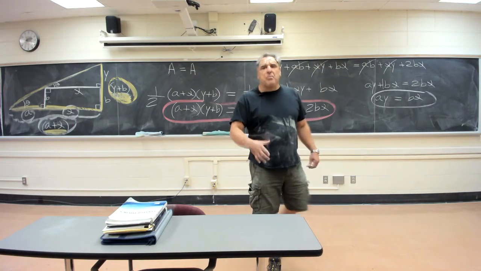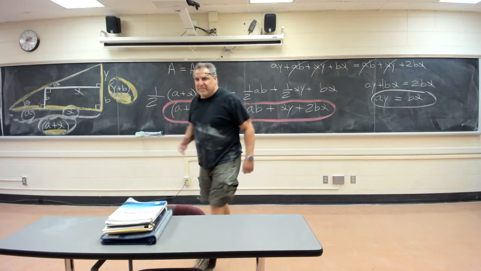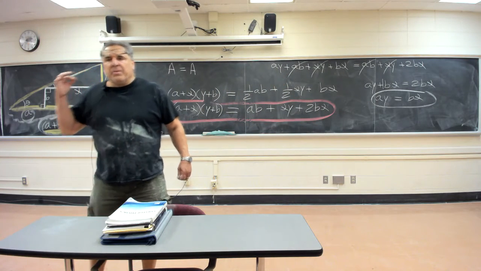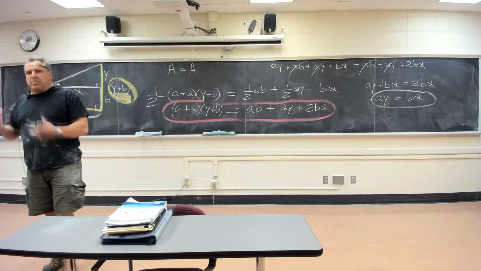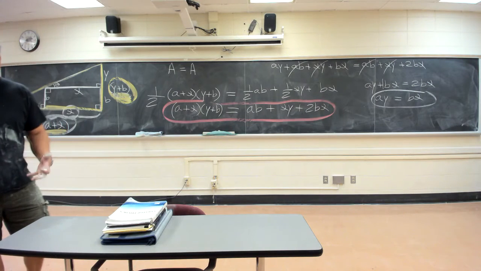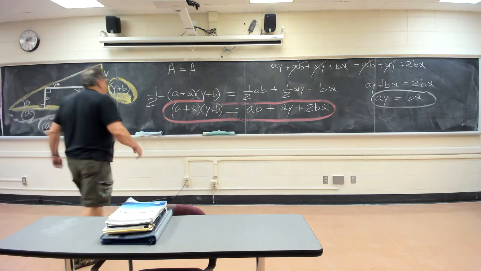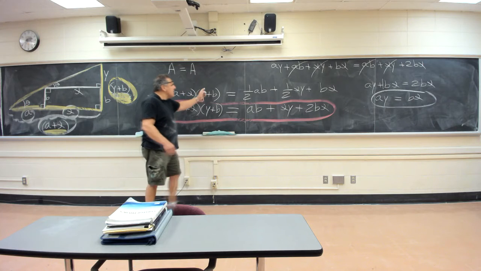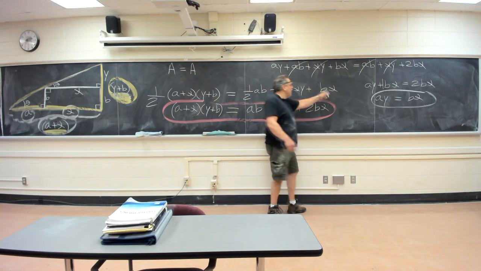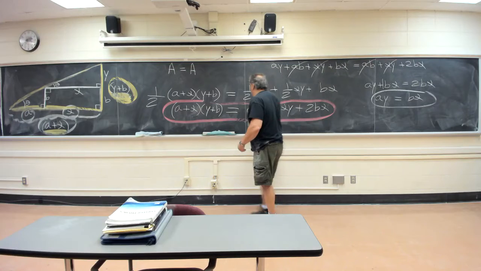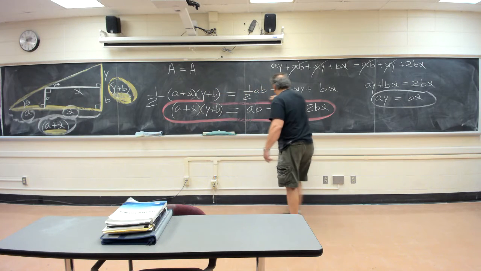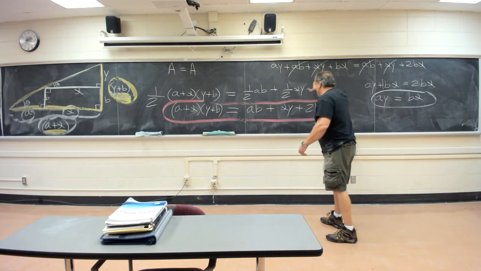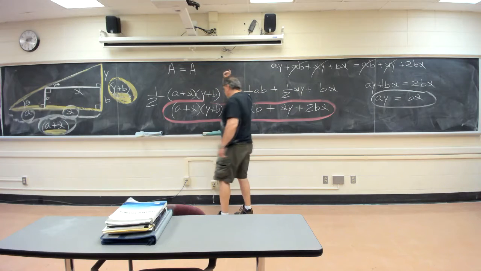The major large area, we found an expression to describe it: 1/2 times this. Then I added the parts together. The small parts added together equal the entire area. The entire area can be expressed this way as well, and this way as well.